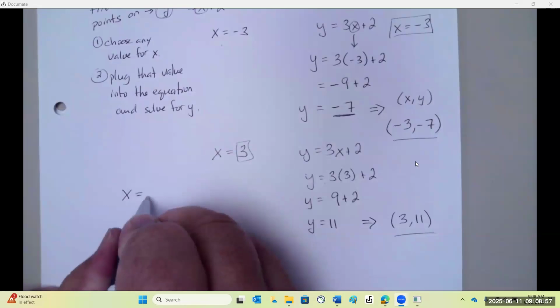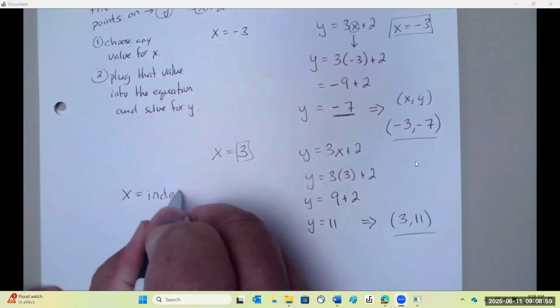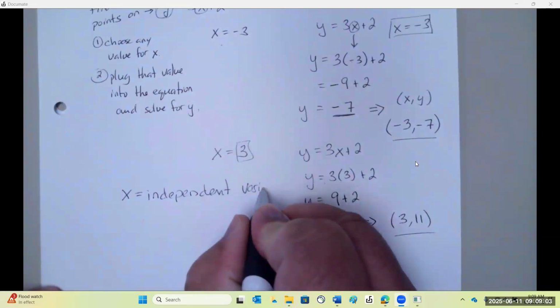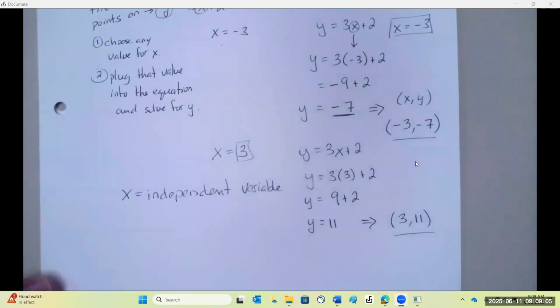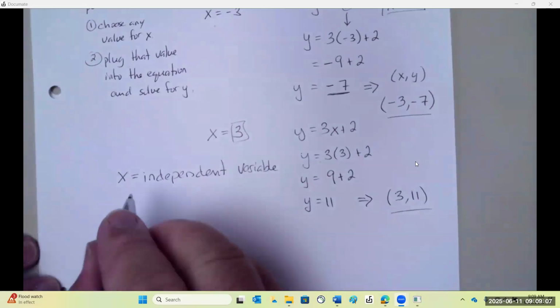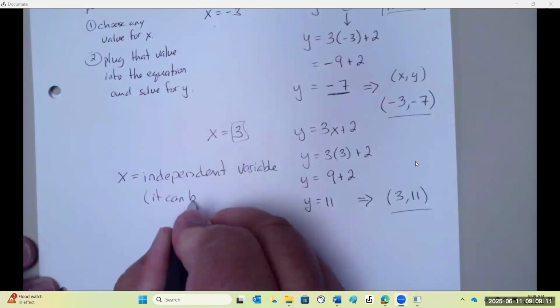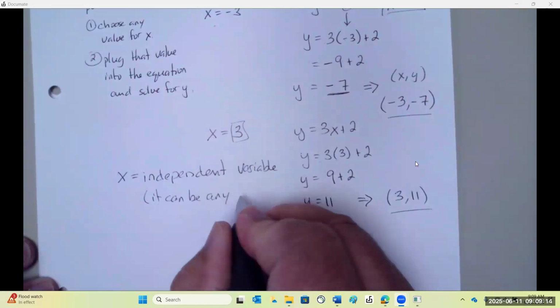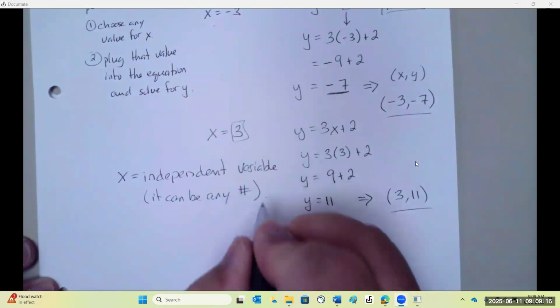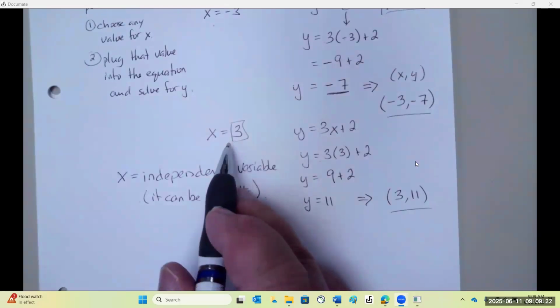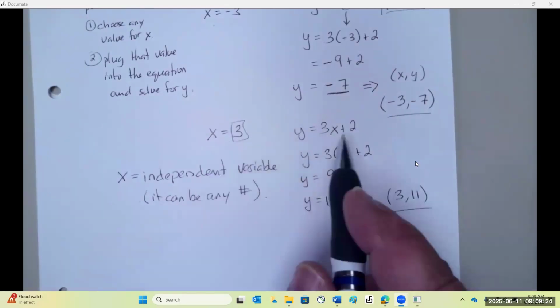Because of that, it's called the independent variable. x can be any number. You choose. Once you pick it, once you define what x is, you plug it in there.